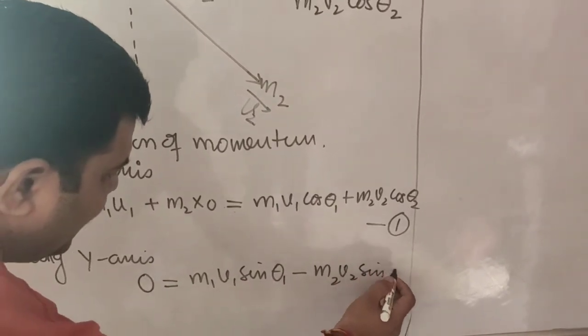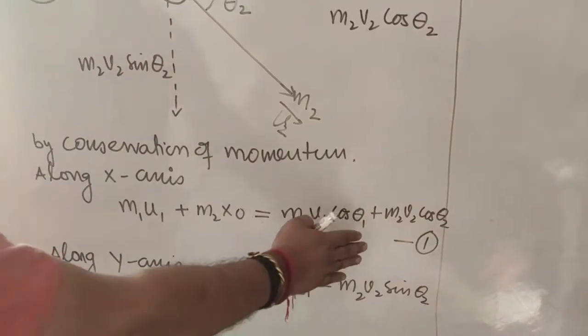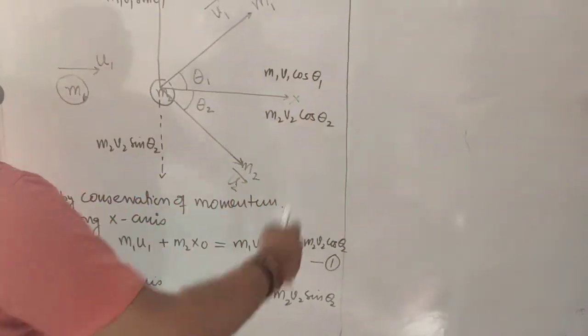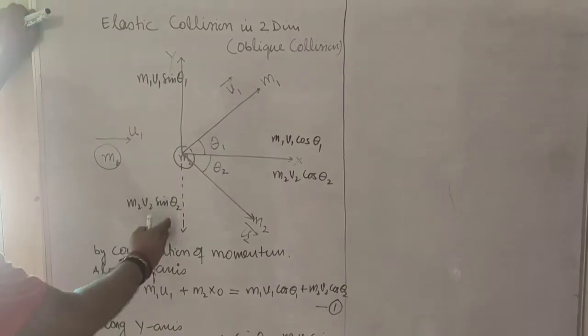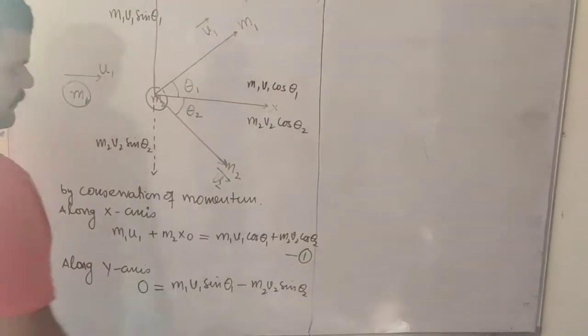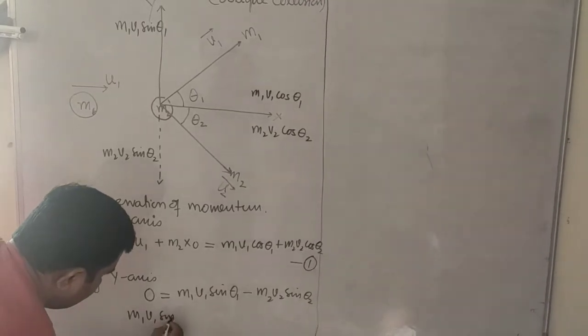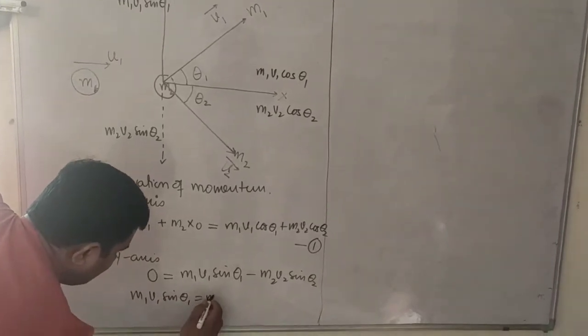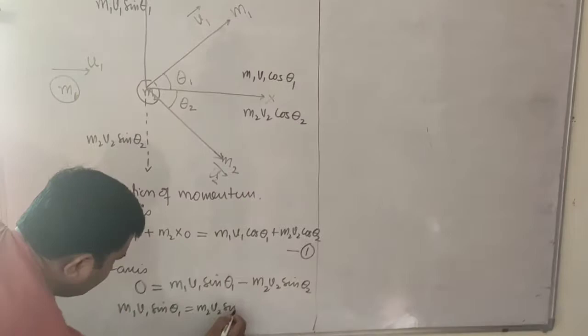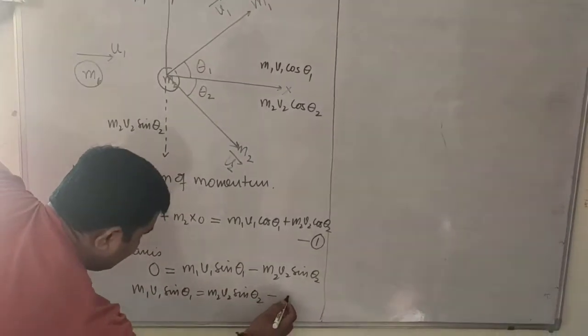Here I have taken plus because both are acting along the same direction. Here both are acting in opposite directions, so I will take it as negative, which means that m1 v1 sin theta 1 is equal to m2 v2 sin theta 2. This is equation number 2.